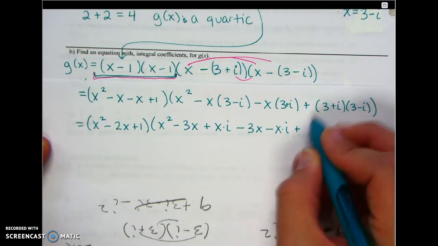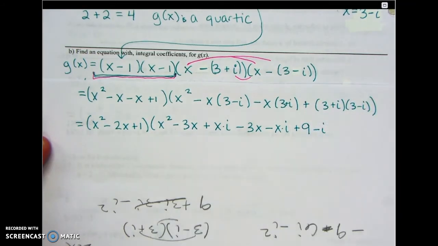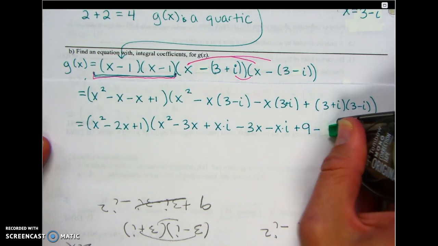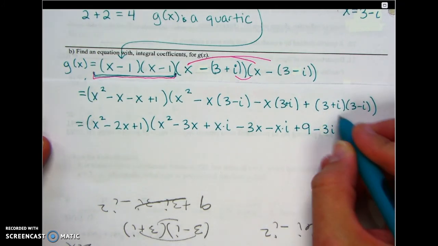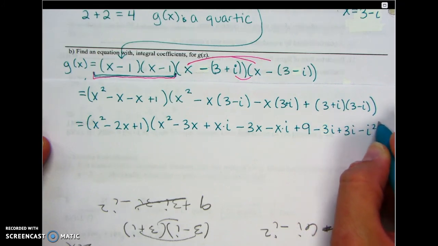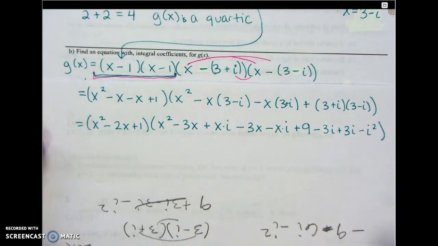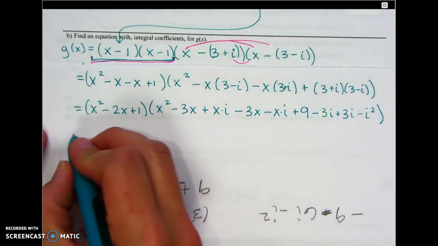So 3 times 3 is 9. 3 times negative i is minus 3i. The inside is plus 3i, and then we have minus i squared. Wow!